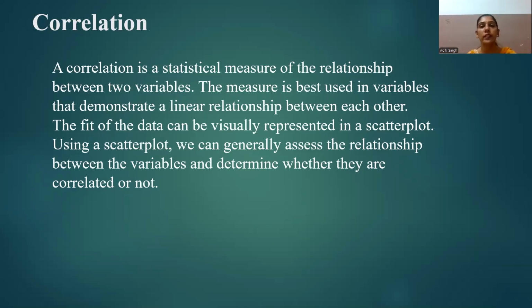If two quantities vary in such a way that movement in one is accompanied by movement in the other variable, then these quantities are said to be correlated. When they are related to each other, and the effect on one also affects the other, we can say they are correlated with each other.